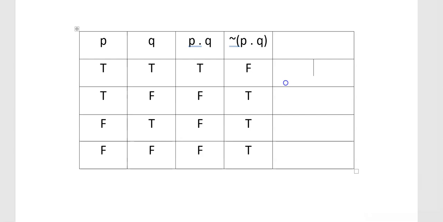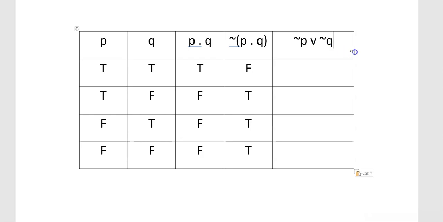The suggestion is that you can deny any of them. But how to represent this denial in symbols? If you want to deny that P dot Q is true, you can say that either of them is false. So how to say that in symbols? You need to just say that either P is denied or Q is denied.